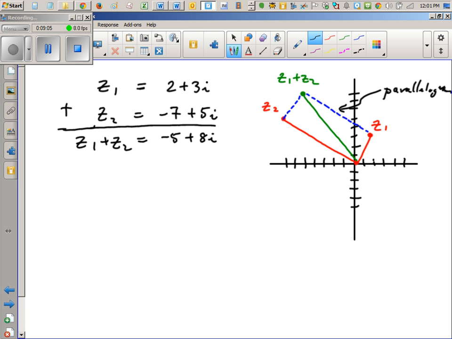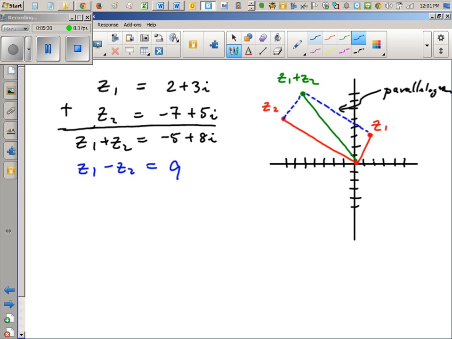Okay, now you can also subtract complex numbers. Suppose you want to find z1 minus z2. That's not hard to do. If you want to subtract, how do you suppose you would subtract? What's 2 minus -7? 9.